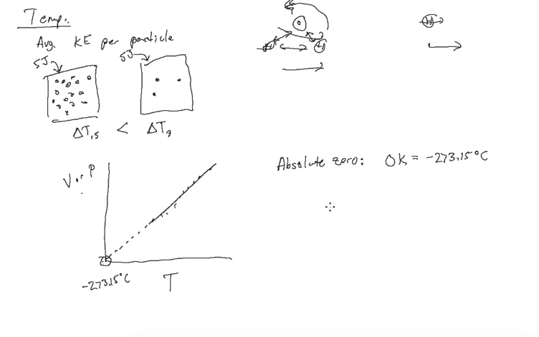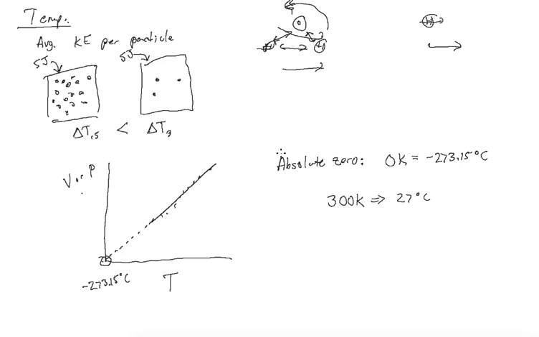So I could tell you something like, if I told you that room temperature was about 300 Kelvin, and I said, what is that in Celsius? You would just go ahead and subtract that off, and it'd be around 27 degrees Celsius, something like that. That doesn't seem right, does it?